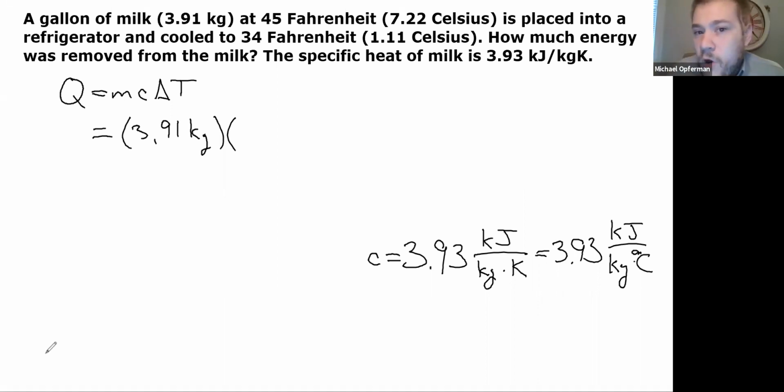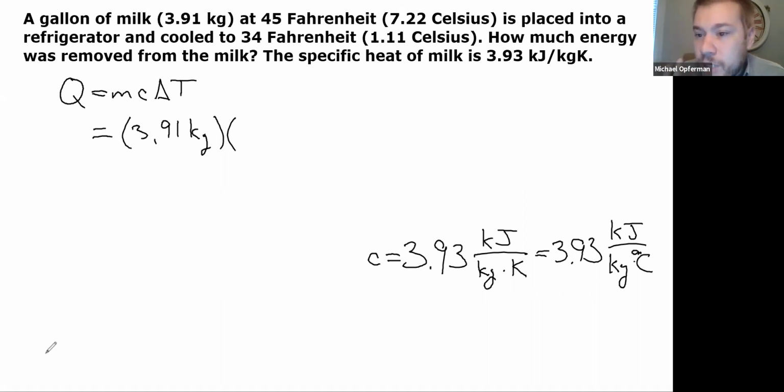And by exactly the same argument, when you calculate delta T, it doesn't matter if you calculate it in Kelvin or in Celsius. Just as a general rule, if you're working with delta T's, Kelvin and Celsius are the same. If you're working with T, they're not the same. So be very conscientious about that.